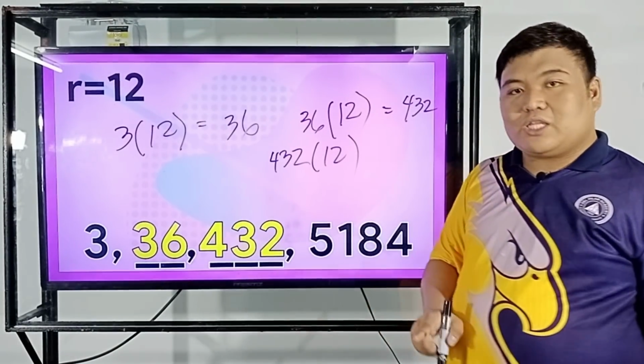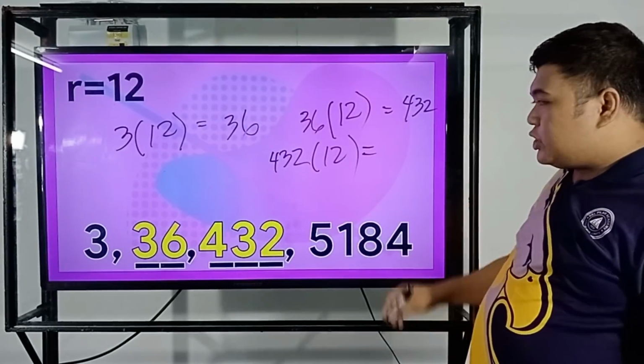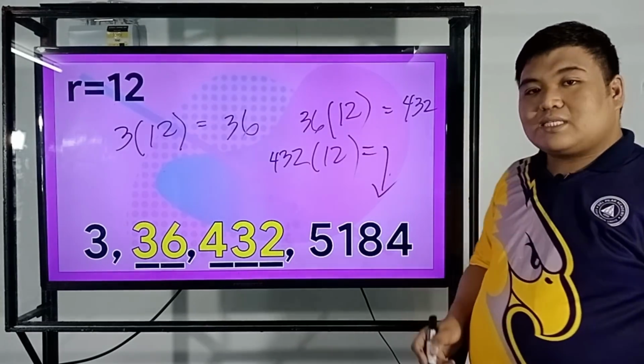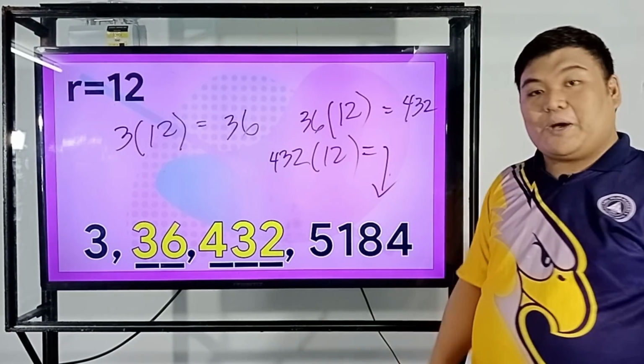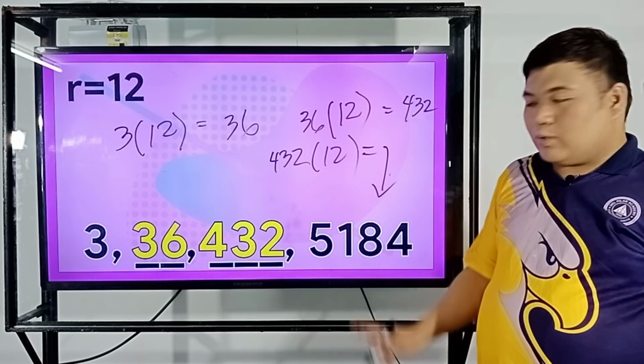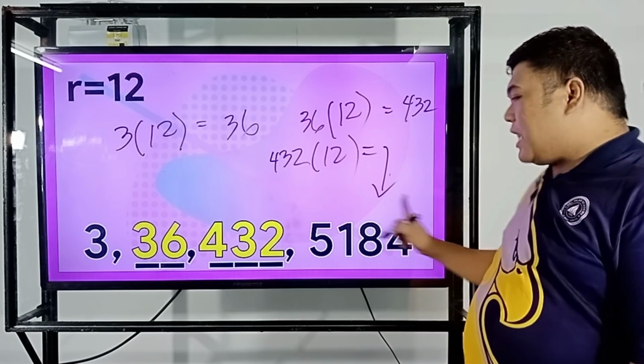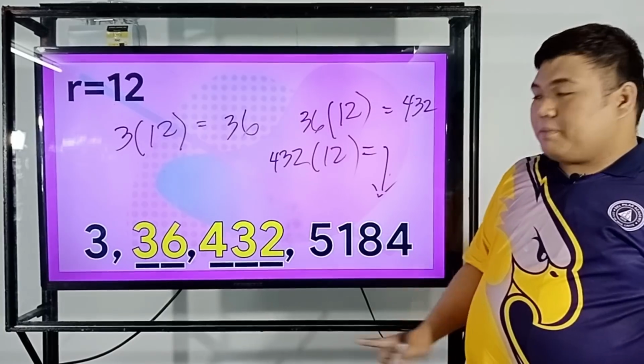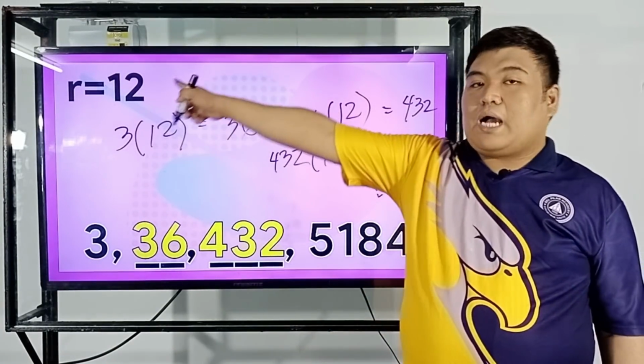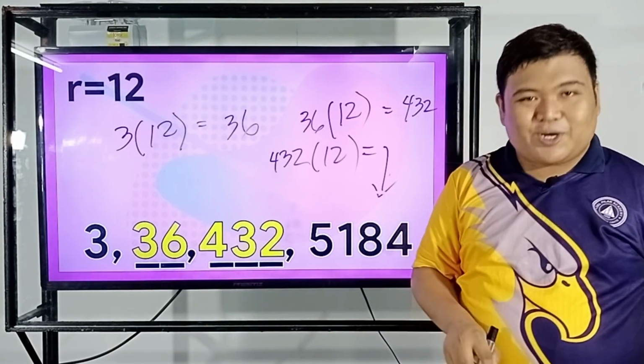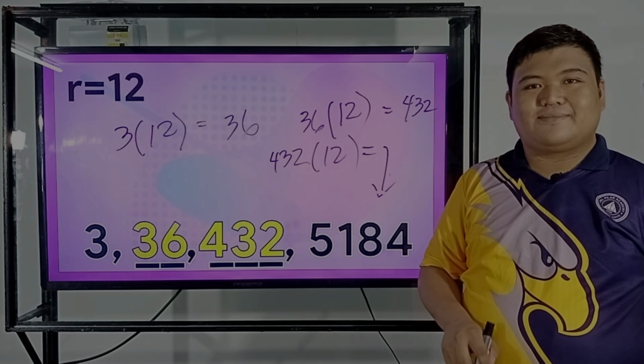So, 432 times 12, the answer should be the last term na binigay ko sa inyo, and that is 5,184. So, kapag nag-arrive kayo, whatever yung last term na nandun, kapag binultiply nyo yung huling missing term kay common ratio, then you have the correct answer.